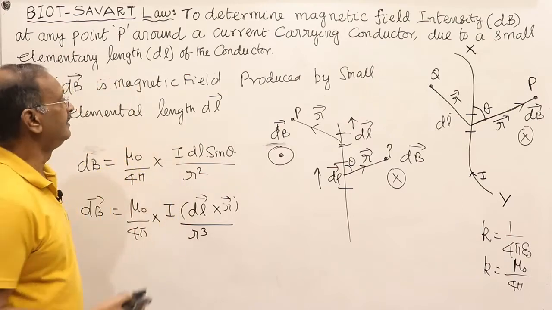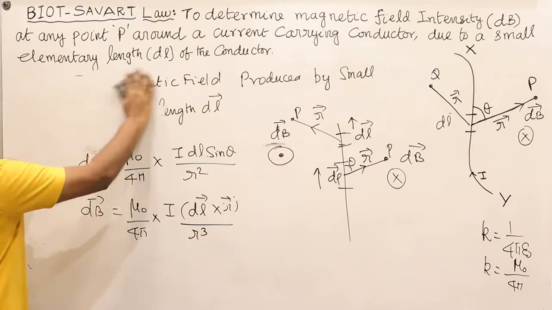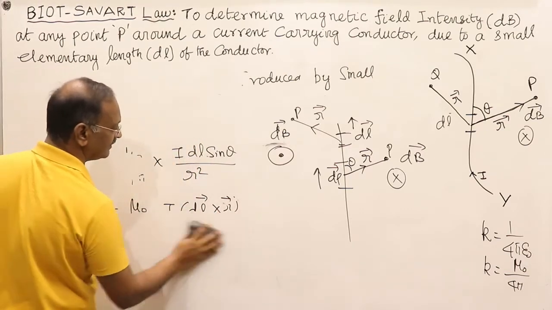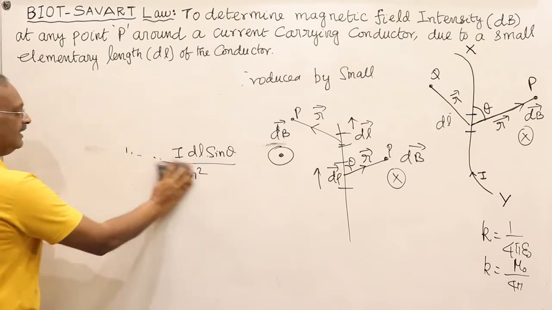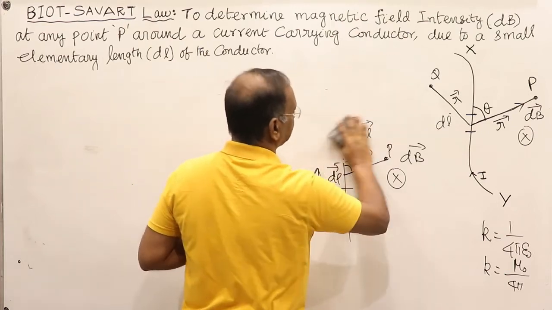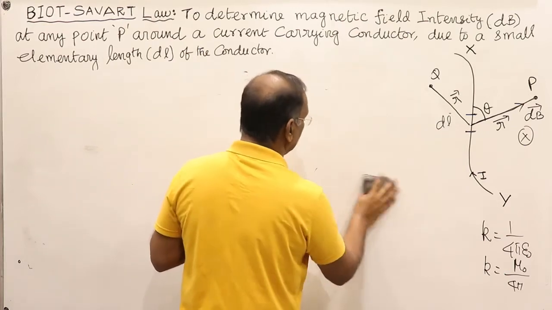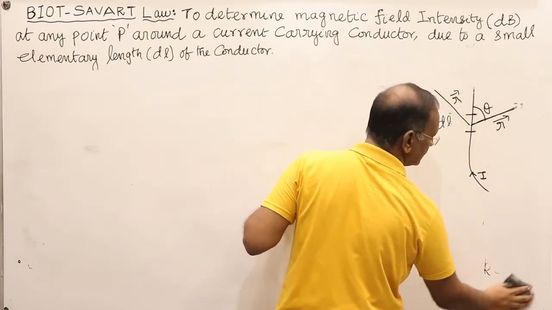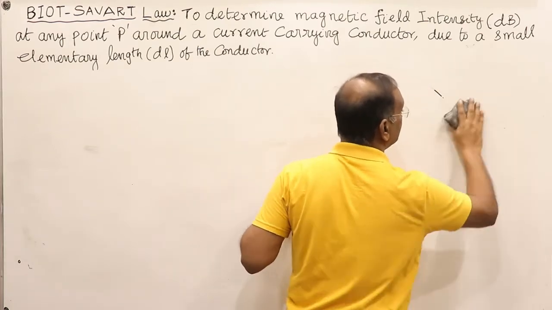Now we have talked about the magnetic permeability of free space in magnetic field. In electrostatics we talk about permittivity of free space. In magnetism we will be speaking about the permeability.